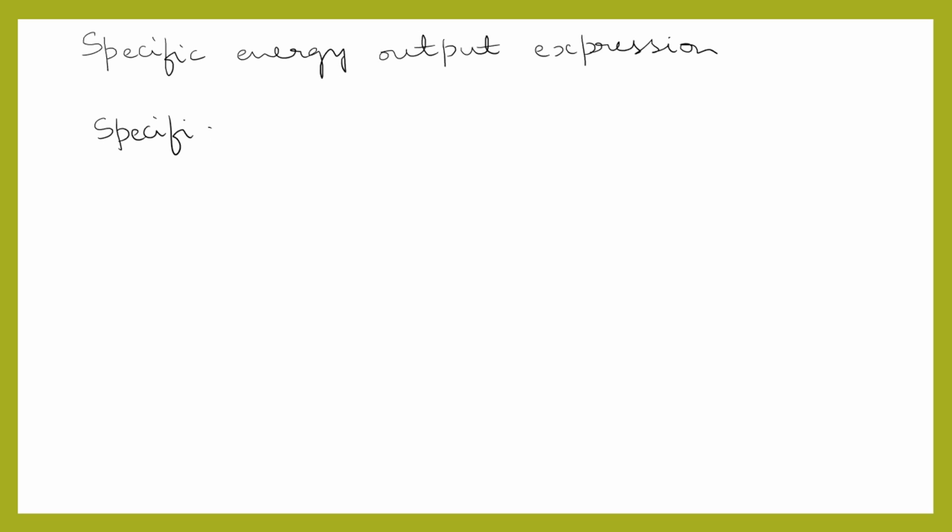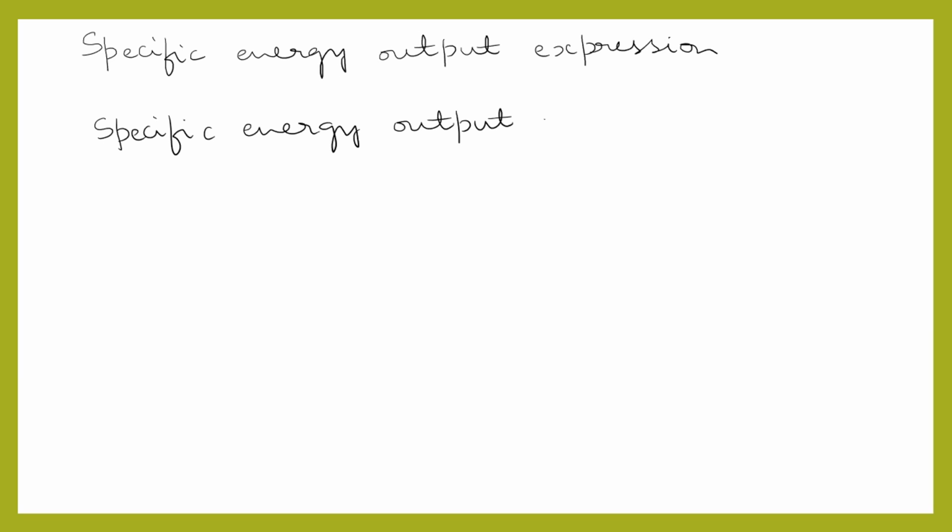Next topic is determination of specific energy output on a level track using a simplified speed time curve. So specific energy output is defined as the energy consumed by the train in watt hours to haul 1 ton of the train through 1 kilometer.